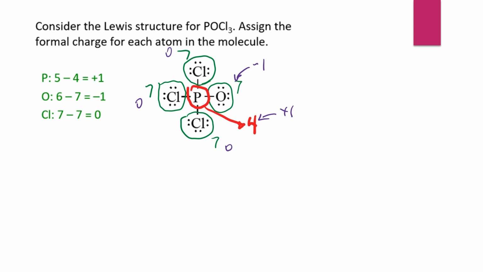This phosphorus here has 1, 2, 3, 4, it's lost an electron. So this phosphorus has a formal charge of +1. It's lost one of its 5 valence electrons. So a formal charge is just a way of looking at who has more ownership of which electrons, and it helps us figure out oxidation states as we move forward in the year and we do redox reactions. But that's not something I'm going to bring up right now because it's scary.